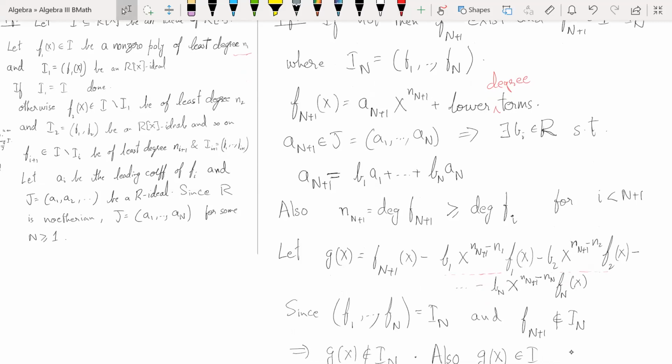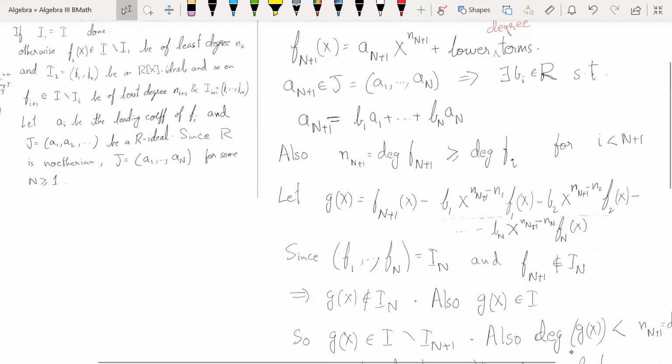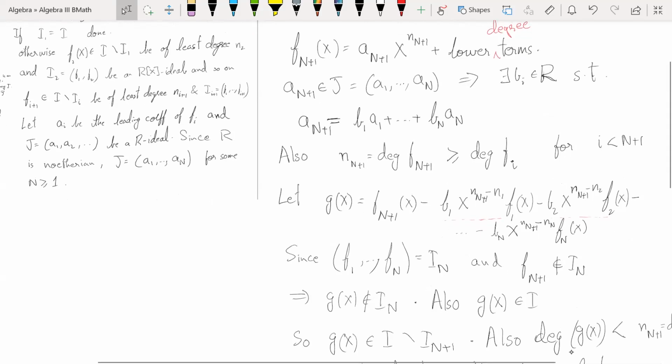So we get g(x), and the coefficient of x to the power n_{N+1} in g(x) will cancel out, and g(x) will be a polynomial of degree strictly less than n_{N+1}.